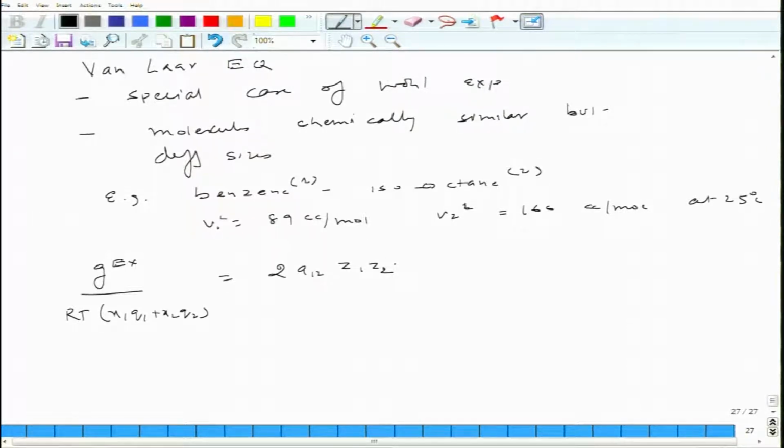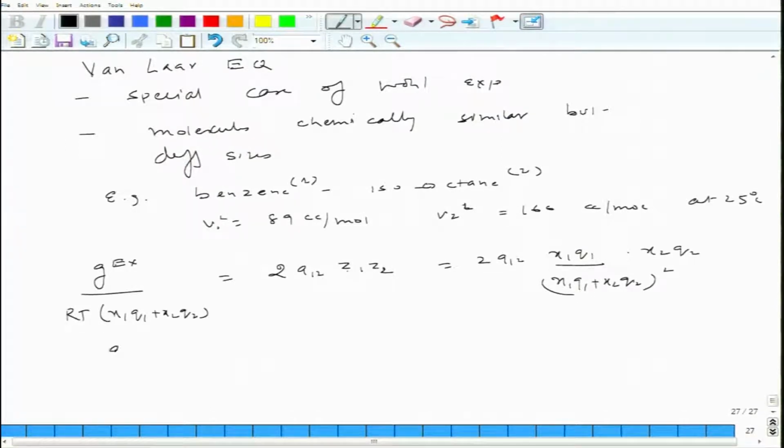So, this is nothing but Van Laar. Now, you can plug in Z here. So, this can be written as 2 A12, and this is X1 Q1 divided by X1 Q1 plus X2 Q2, squared, and this would be multiplied by X2 Q2. Okay. So, now you can simplify this expression.